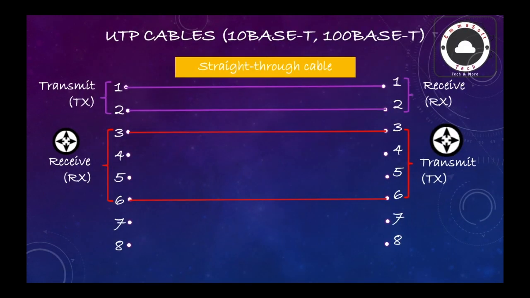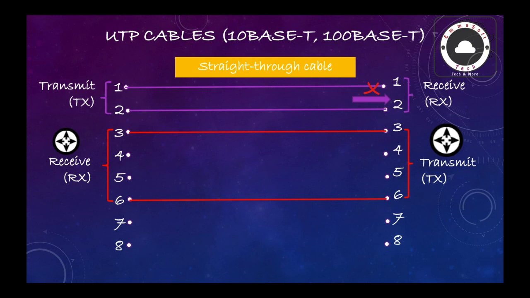Okay, let us discuss another scenario when we replace the switch on the right with another router, and we still use a straight through cable. I'm sure by virtue of the rules of communication, we don't see any communication taking place, because a device cannot receive on the same pins it uses to transmit, because this will cause collision and data loss.